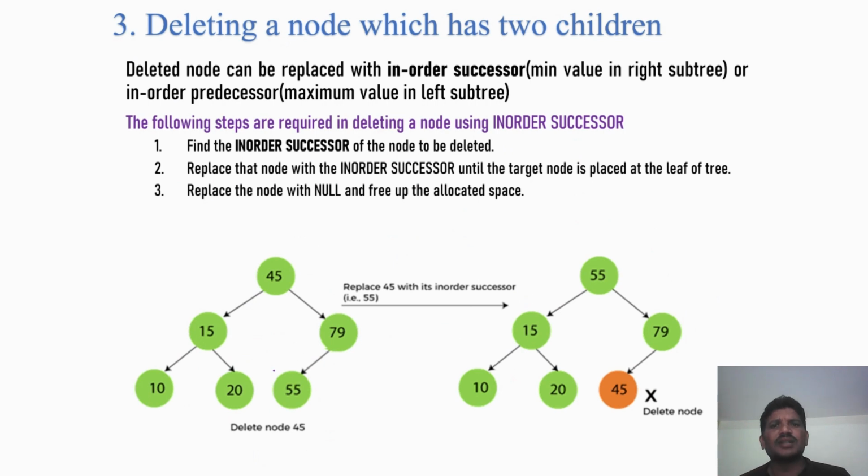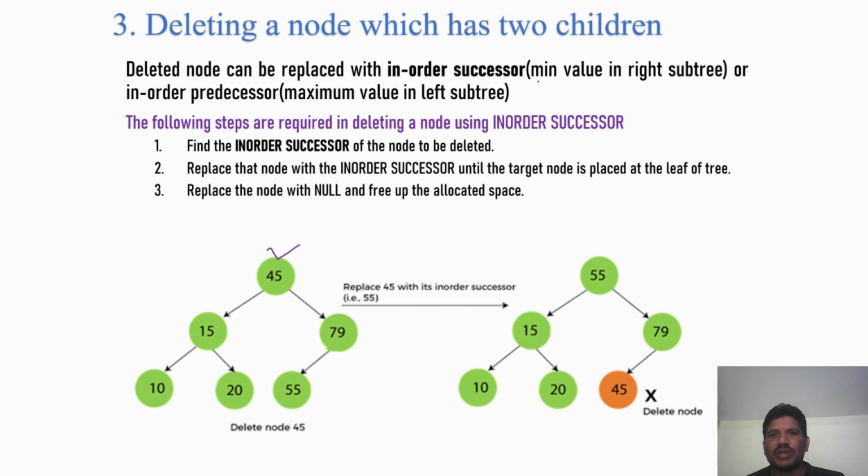In the last case, the deleted node has two children. How do you delete a node with two children? In the case of 45, which has two children, how do you delete that node? There are two ways to delete a node with two children.